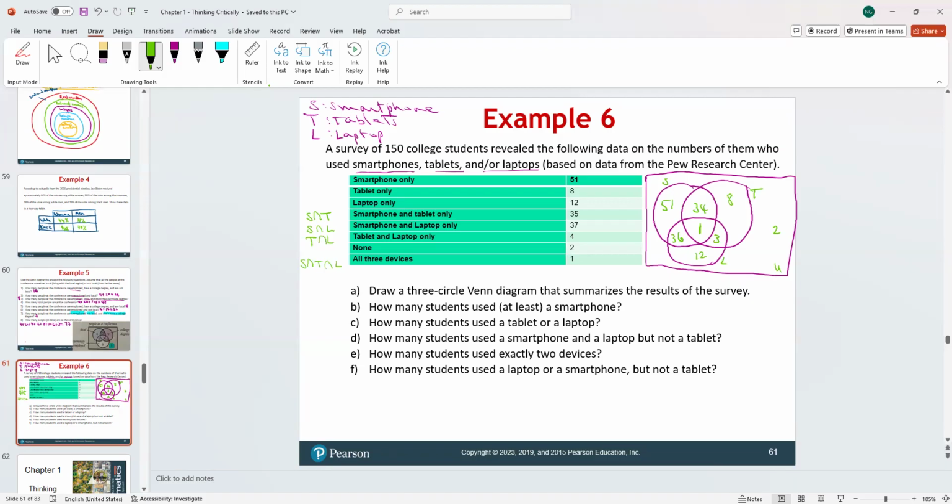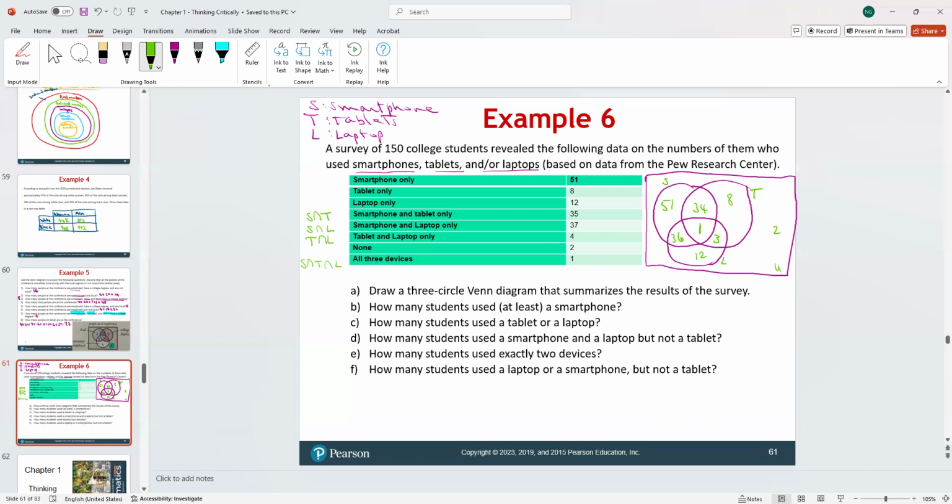So once we do that, the next question they ask us is, how many students use at least a smartphone? So see everywhere you can see they use a smartphone. This is at least a smartphone, right? Now, how are we going to do at least a smartphone? We need to take everything inside of that circle. So for S for smartphone, we take at least.